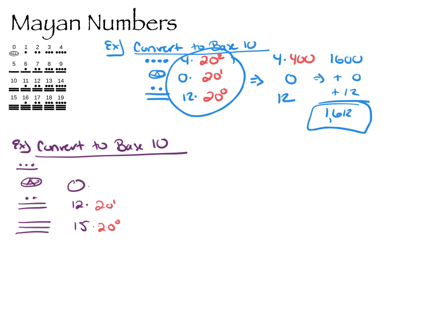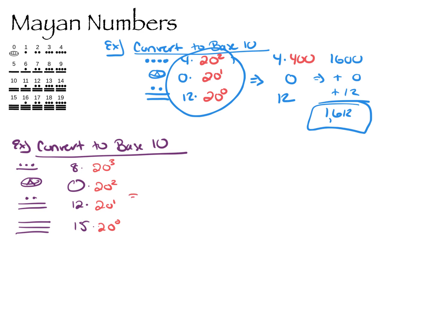Then 0, 20 to the twos. Ooh, these get big, get fast. And let's see, that would be 5, 6, 7, 8. 20 to the threes. Whew.